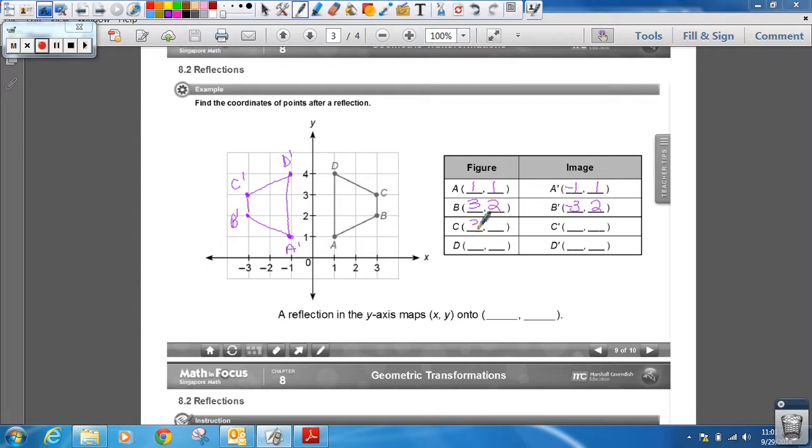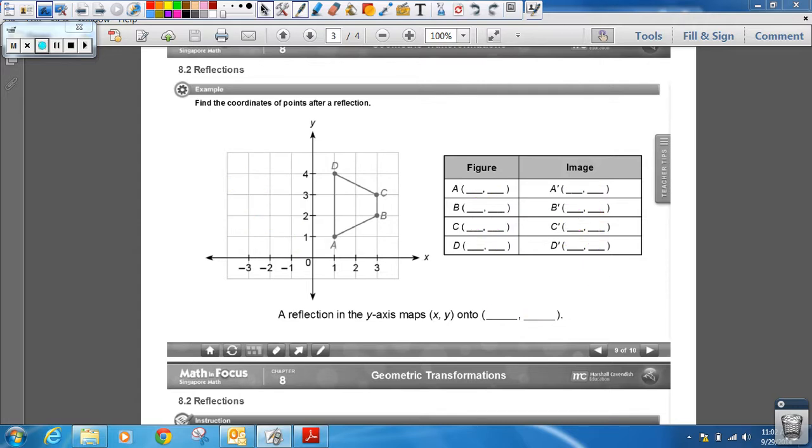C was at 3, 3. C prime is at -3, 3. And D is at 1, 4. And D prime is at -1, 4. So it was true for all of them. The x's this time are what changed. So a reflection in the y-axis maps x, y to -x, y, and the y stays the same.